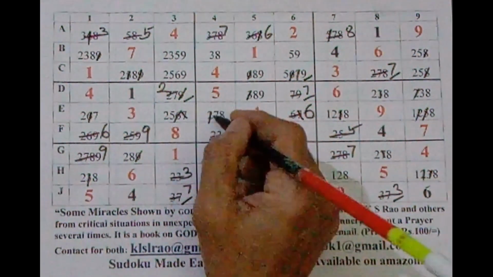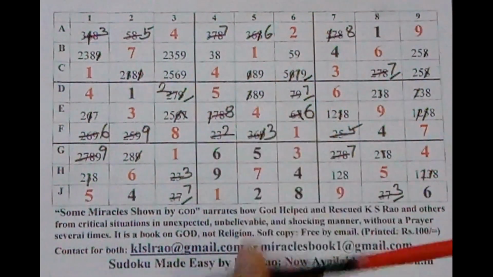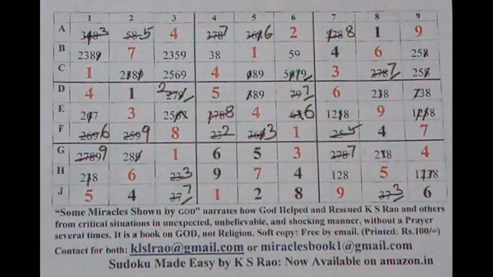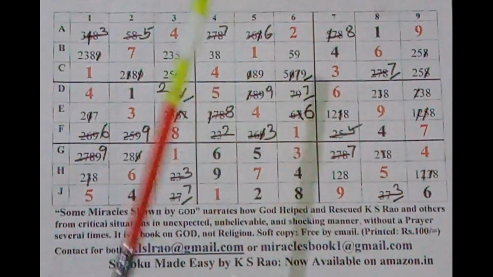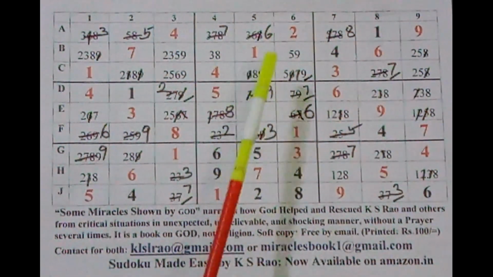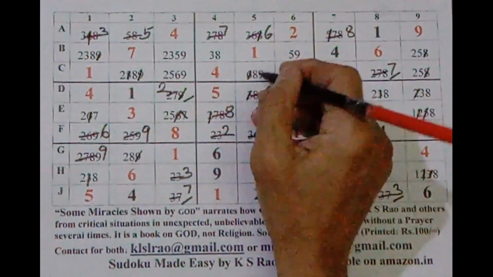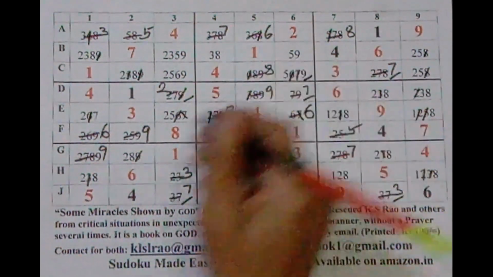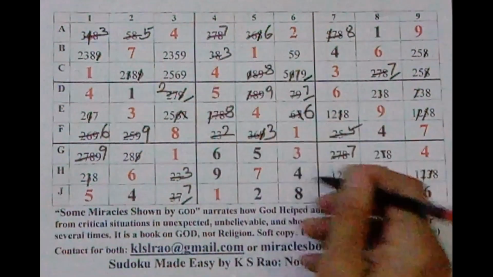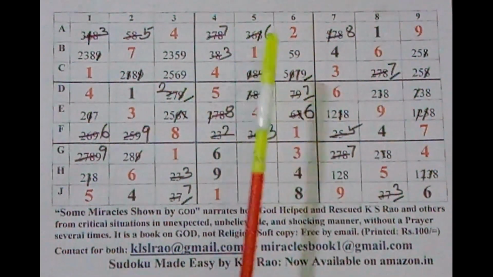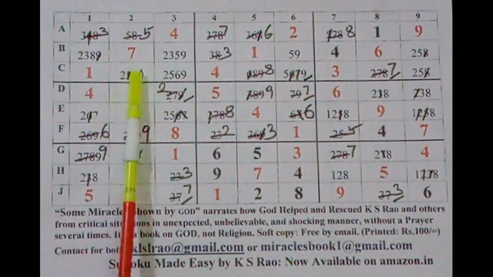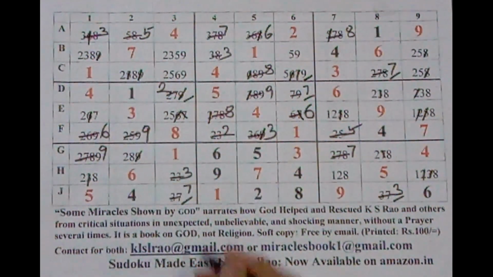At E4 we get an 8, and at D5 it is 9, the pair which helped us in the beginning. And at C5 we get 8, and it's a 3 here. After writing this 8 here, we can confirm number 2 at C2.